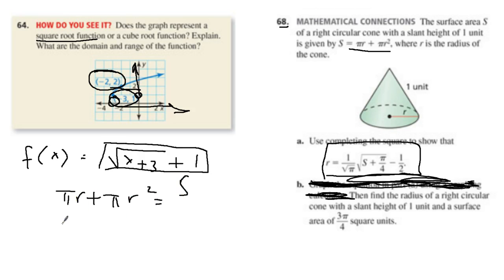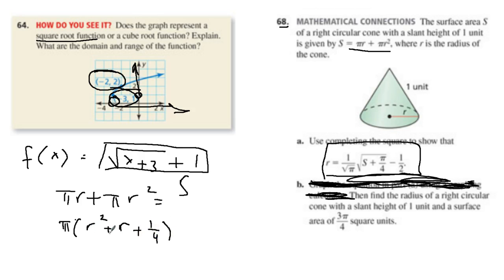Pi r plus pi r squared is pi times r plus r squared. In order to complete the square, we have to half the middle and square it. What's the middle? It's 1. So you half it, it's 1/2, and then you square it, 1/4. So add 1/4.